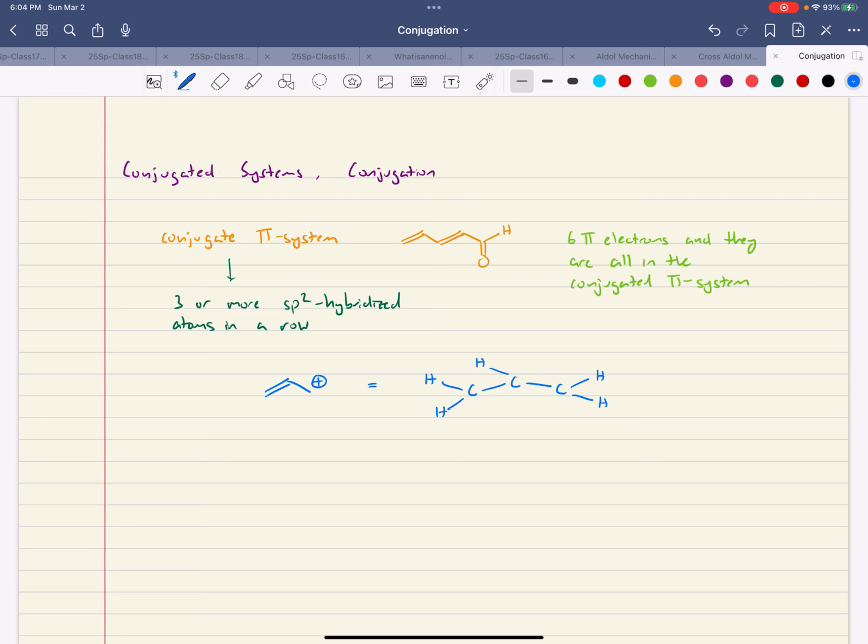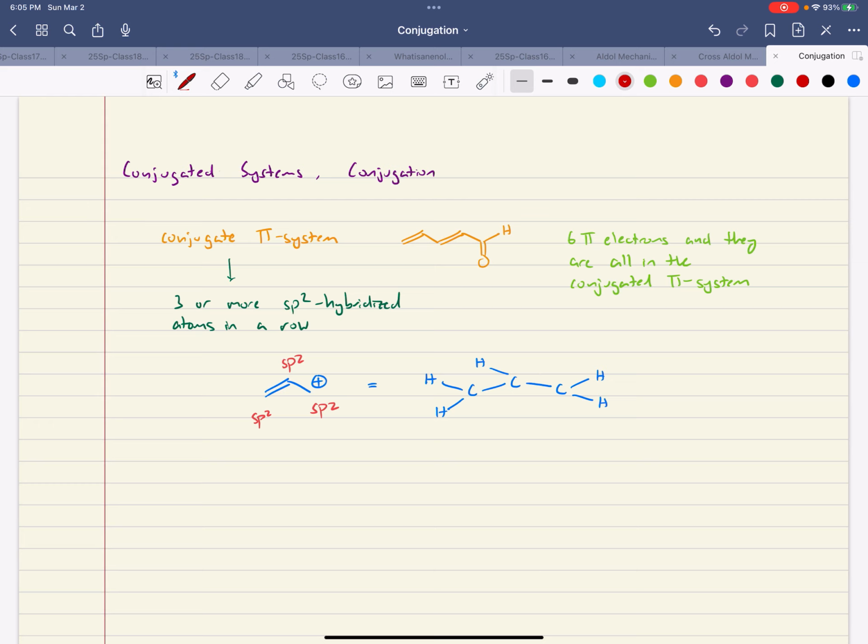More importantly, each of these atoms is sp2, even the carbocation. Does that satisfy our definition? Yes, it is 3 or more sp2 hybridized atoms in a row. That constitutes a conjugated pi system, even though one of them is charged, and also you don't see any pi electrons here, right? Where are your pi electrons?